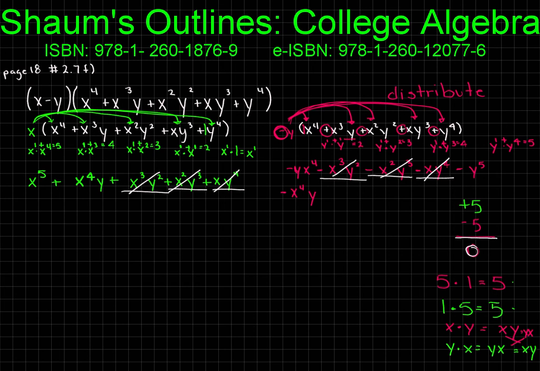So I have positive x to the fourth y and then negative x to the fourth y, right? So they go away. And all I'm left over with is x to the fifth minus y to the fifth. And let me make sure that I have the right answer. Yep.